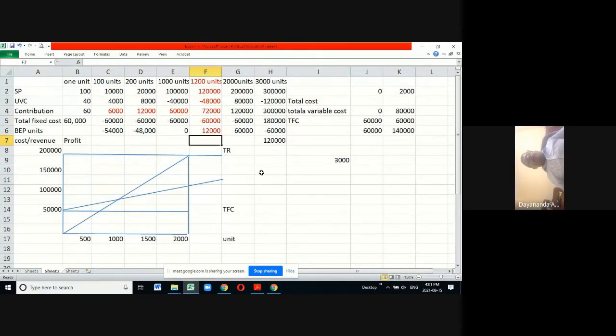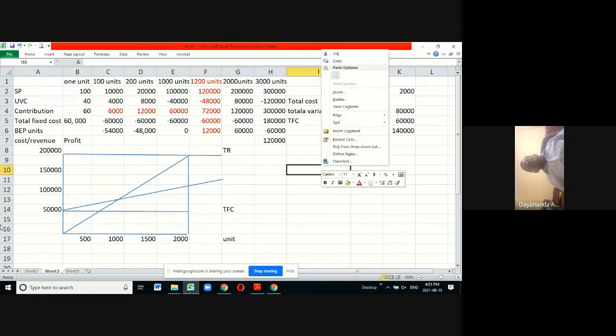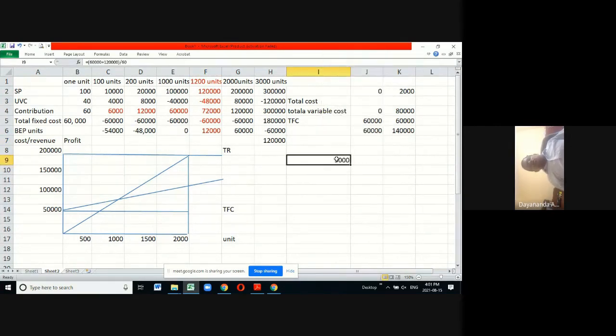Now, what is the meaning of margin of safety? Margin of safety, in short, is MOS. Margin of safety is equal to budgeted sales, that is BS, minus break-even sales.